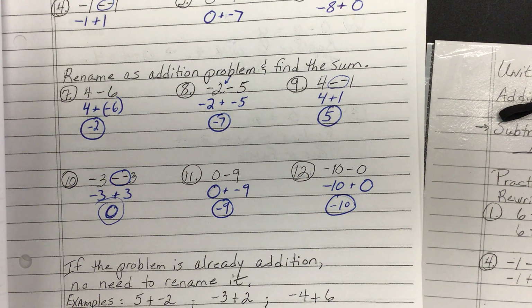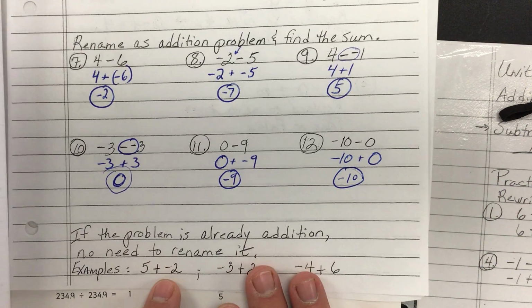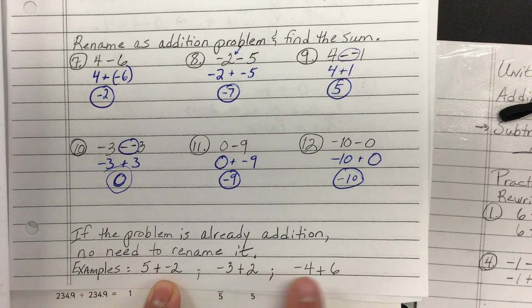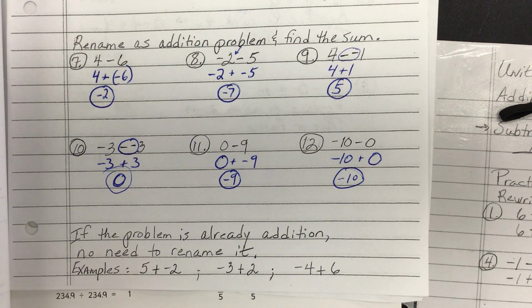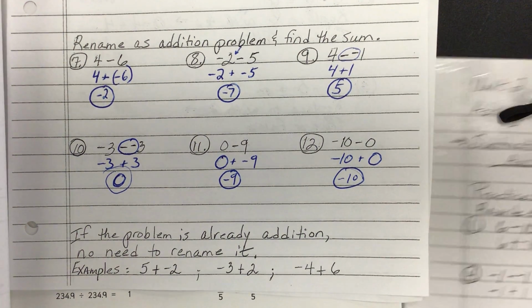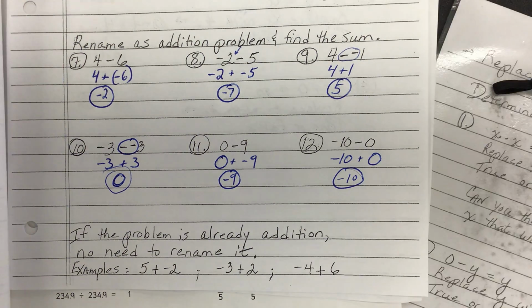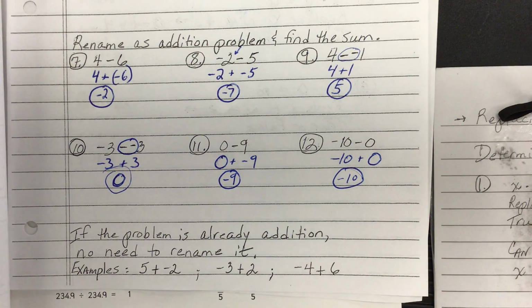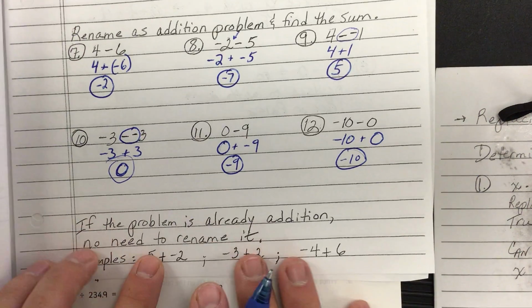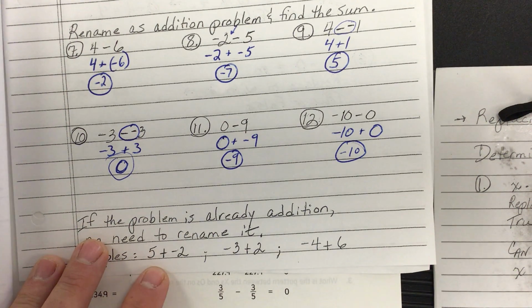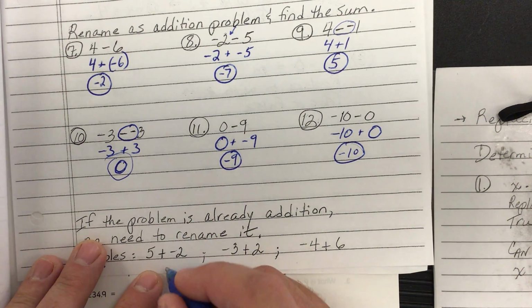It says if the problem is already addition, you don't have to rename it. So these are already adding. We don't have to change anything. We could just answer those right away. What is 5 plus a negative 2? 3. Negative 3. No, just 3.